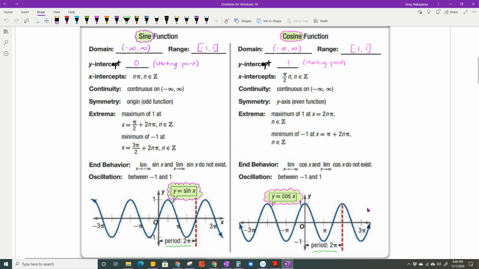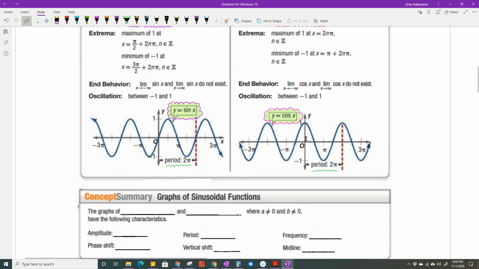The other thing to remember, we've talked about symmetry. The sine function has origin symmetry and is an odd function. Cosine function has y-axis symmetry, is an even function, and we talk about that a little bit more when we get into our properties.